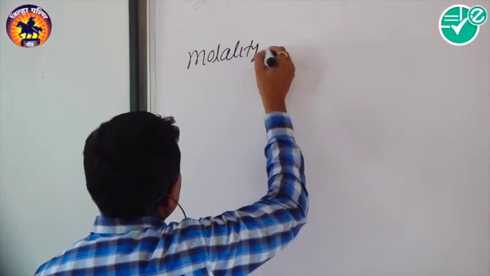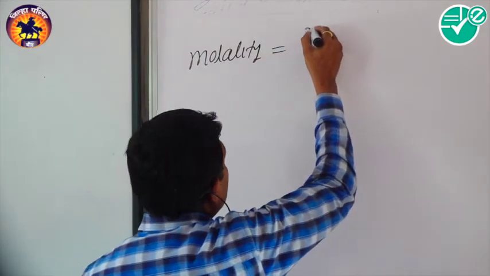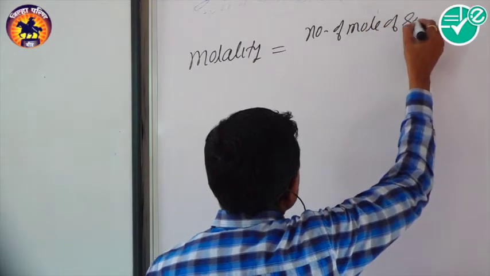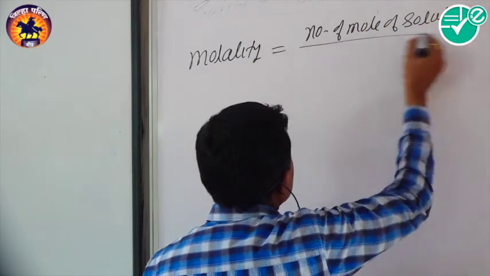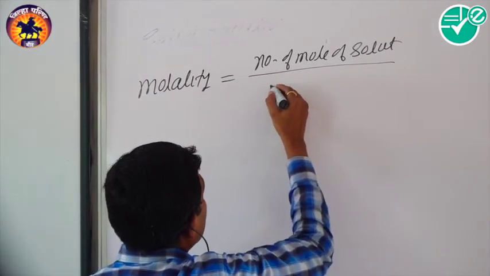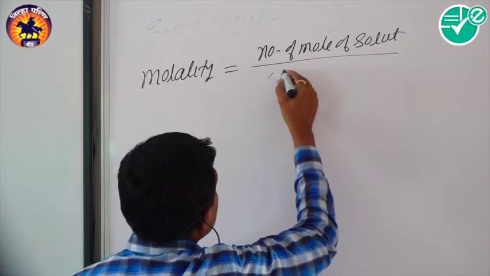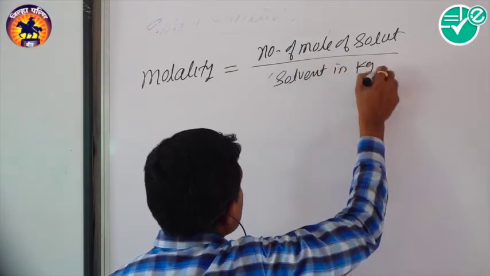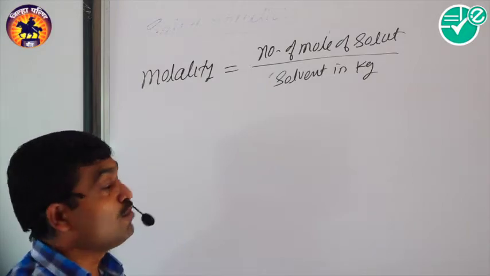Molality is equal to the number of moles of solute per kg of solvent, that is, the solvent in kg.